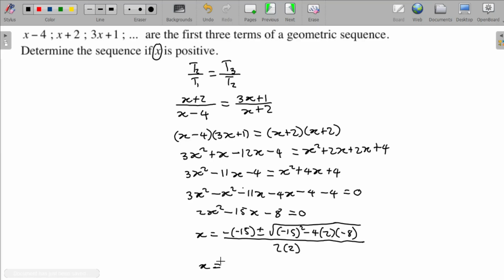So it's square root of negative 15 squared minus 4ac, which is 2, and then c is negative 8, all over 2 into 2. And then we have x as 8, or x is equals to negative 1 over 2.